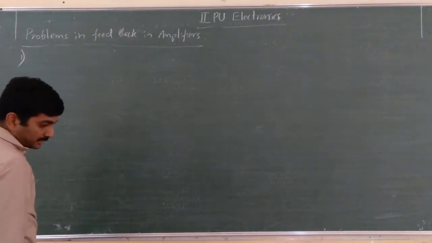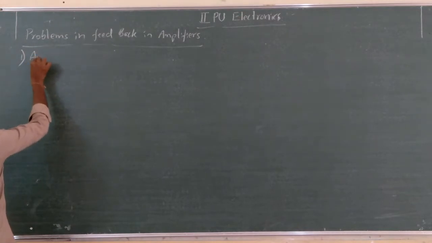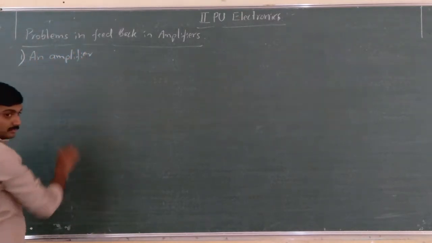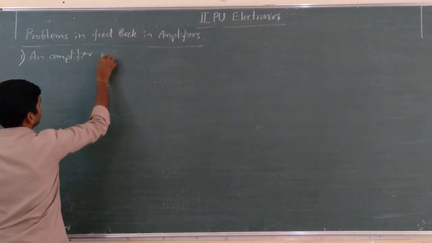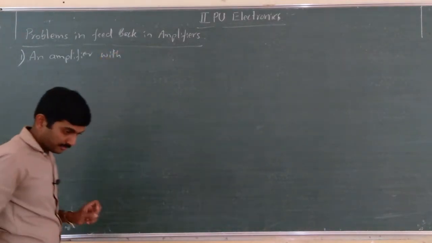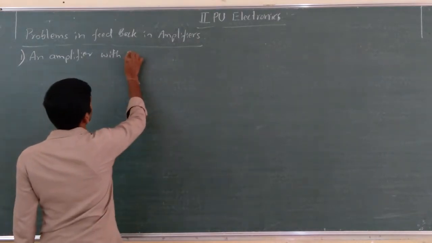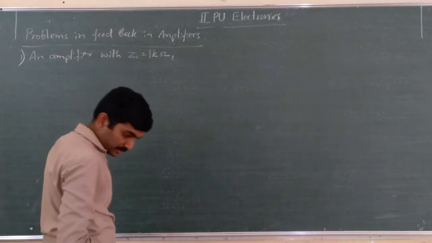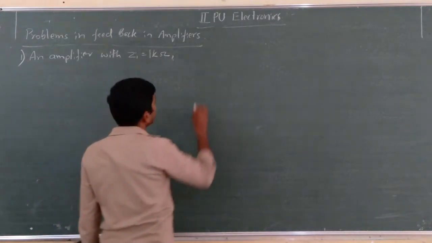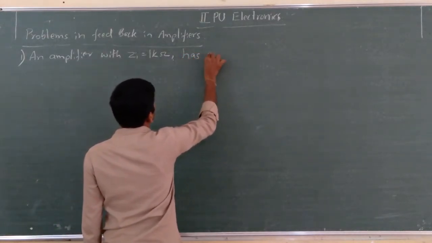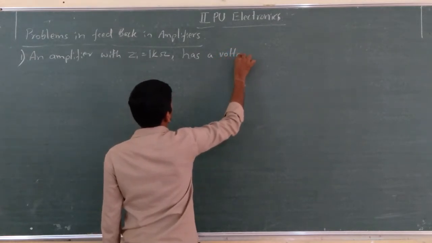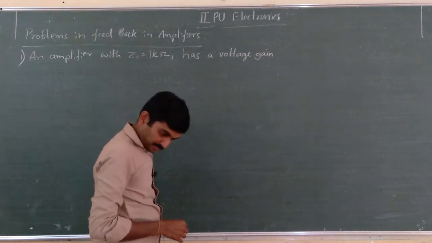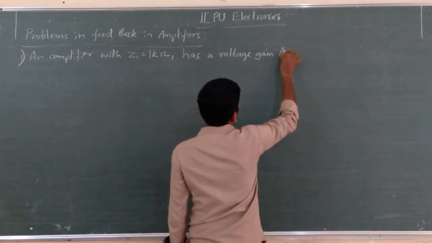In the first problem: an amplifier with Zi equal to 1 kilo ohm has a voltage gain A equal to 1000.